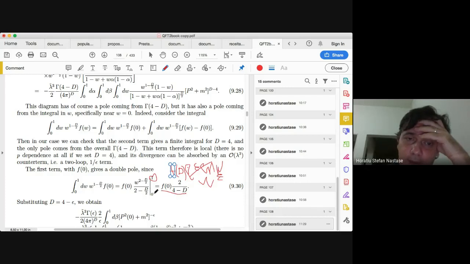So that's a pole in epsilon, and we already had a pole in epsilon. As I said, the overall gamma of 4 minus d, this was 1 over epsilon. And now this is also 1 over epsilon.